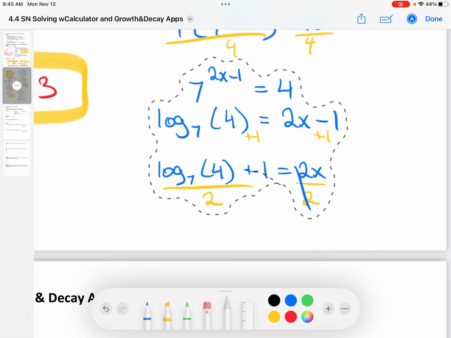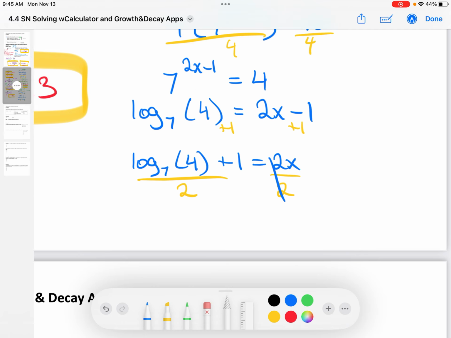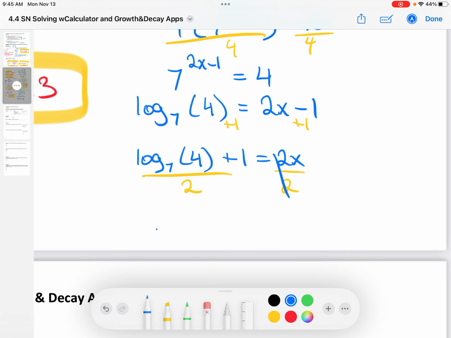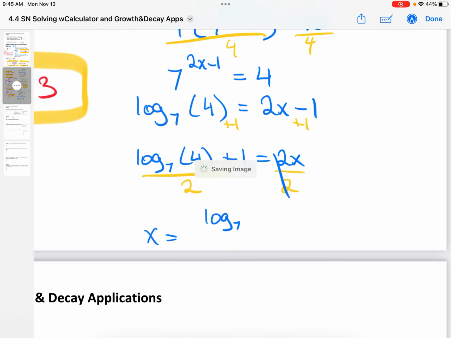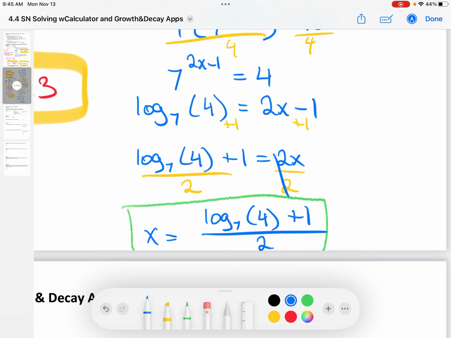Scoot things up a little bit so I have a little more room. Yep. This will give us an exact answer. Log base 7 of 4 plus 1 outside of the log over 2. That is an exact answer.